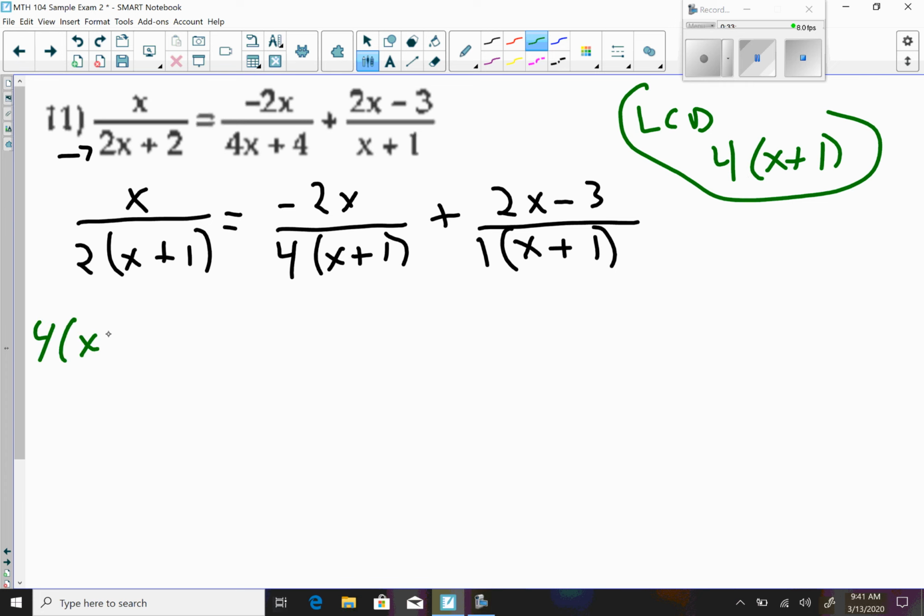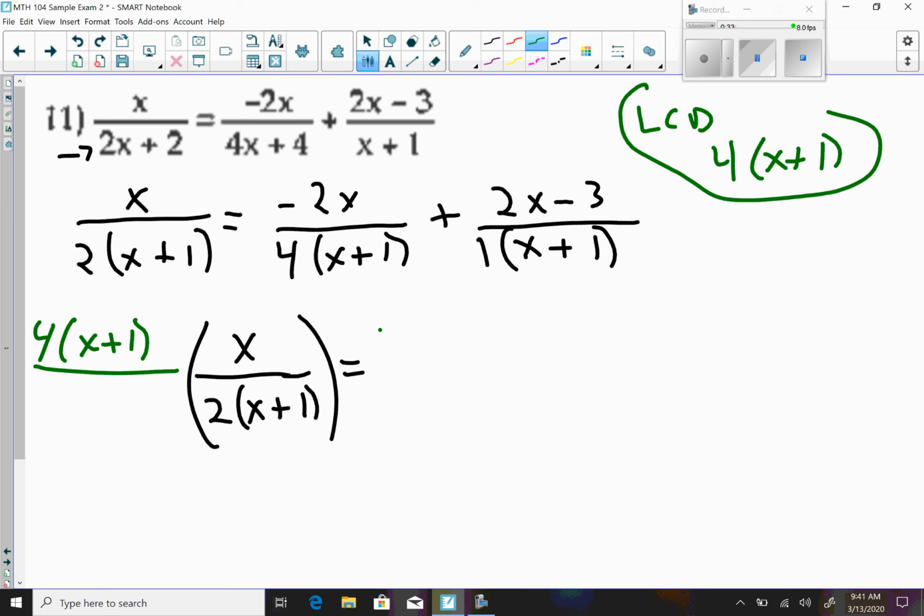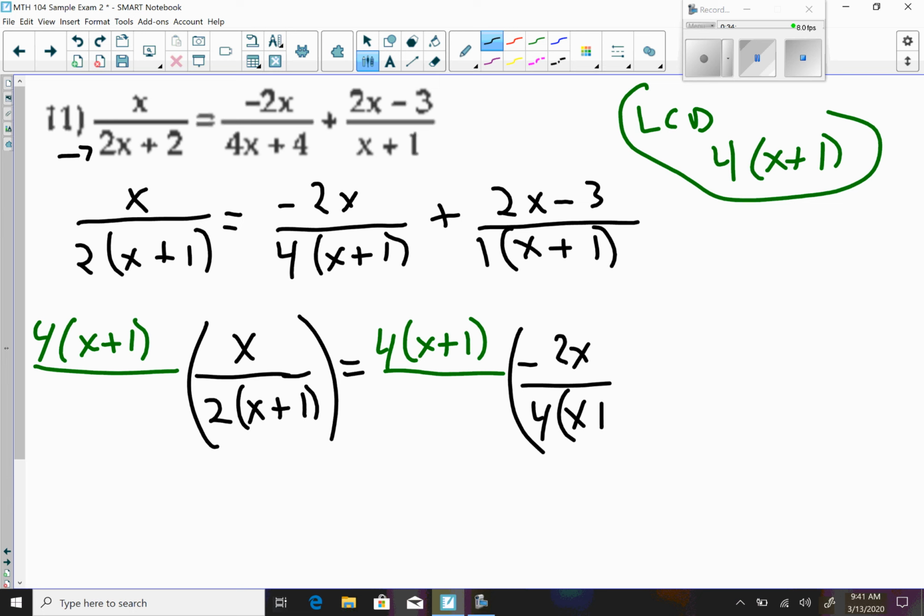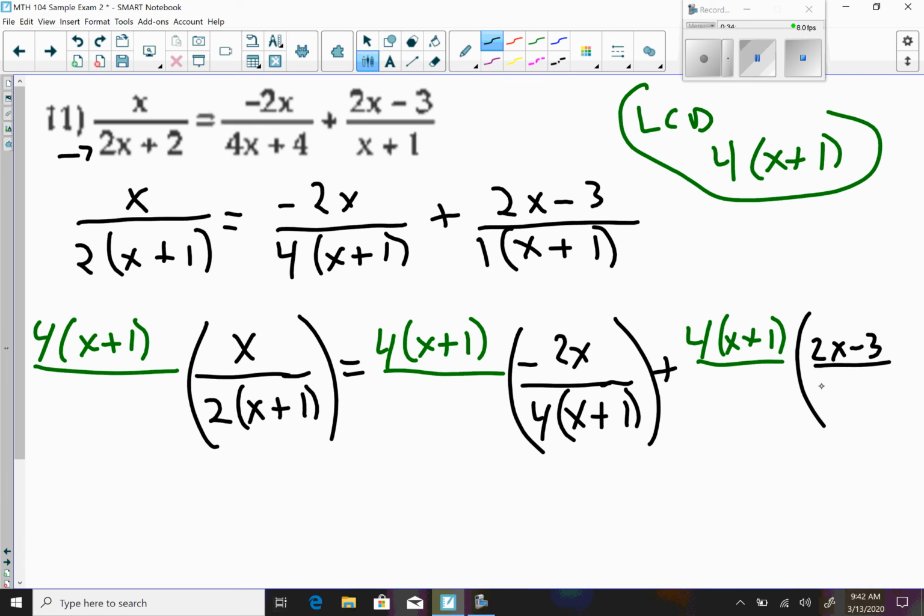4 times x plus 1 times the first fraction, x over 2 times x plus 1, equals 4 times x plus 1 times the second fraction, negative 2x over 4 times x plus 1, and then plus the common denominator times 2x minus 3 over x plus 1.